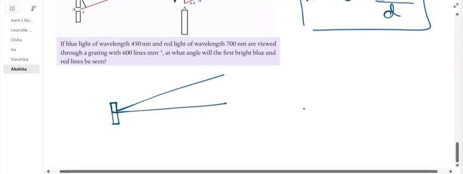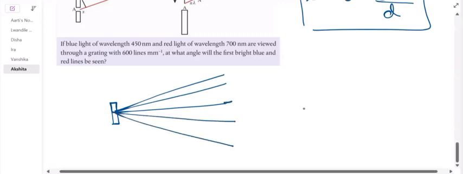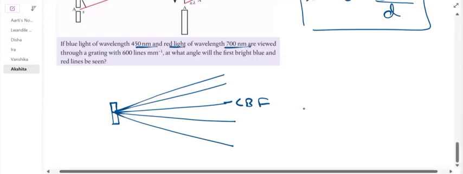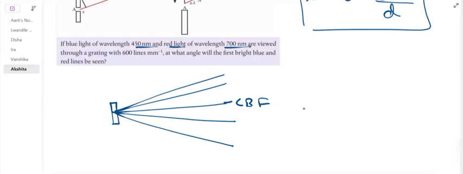Obviously, red light will be above and blue will be down, and similarly here also. So here this will be your central bright fringe.